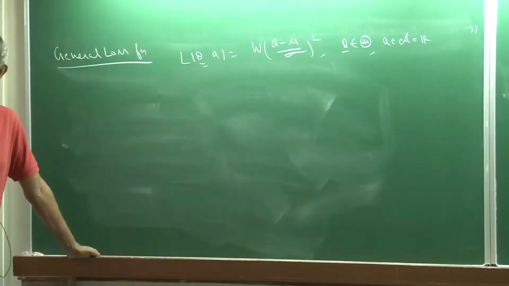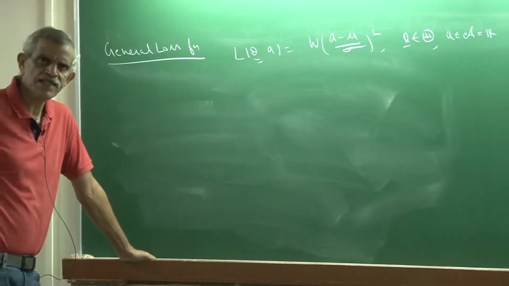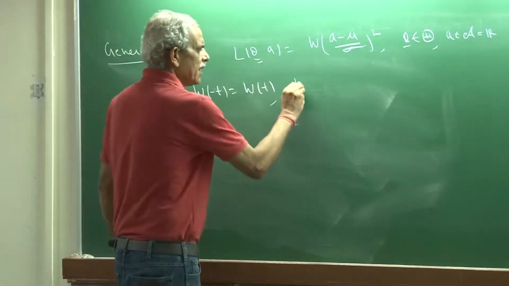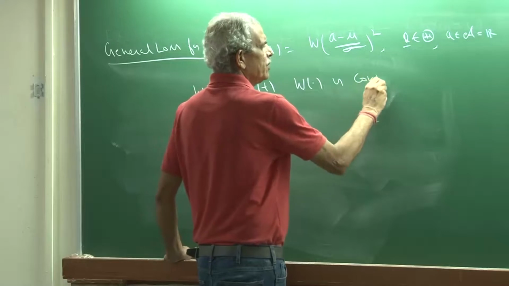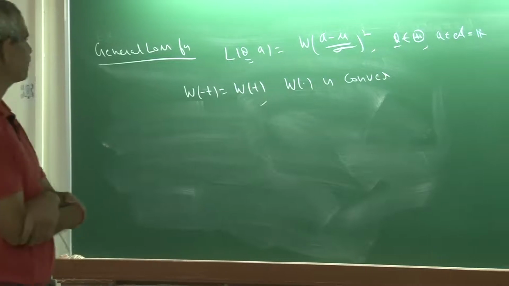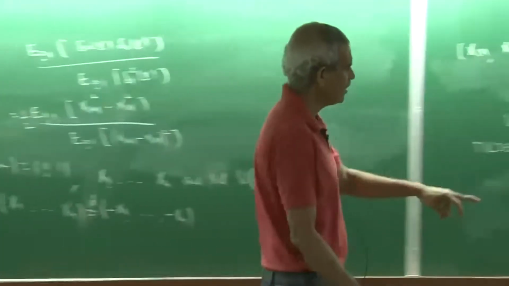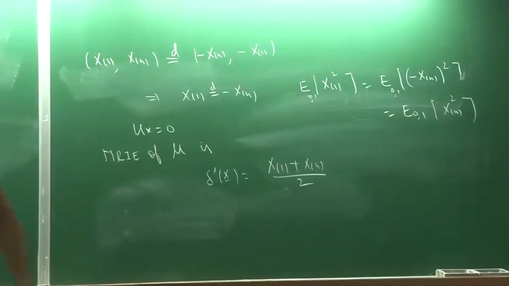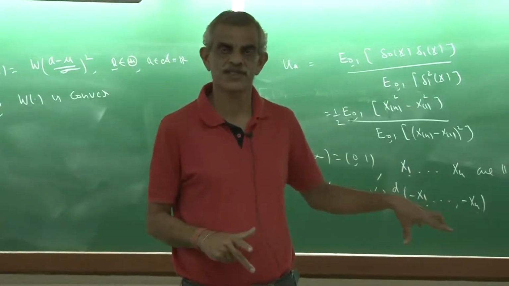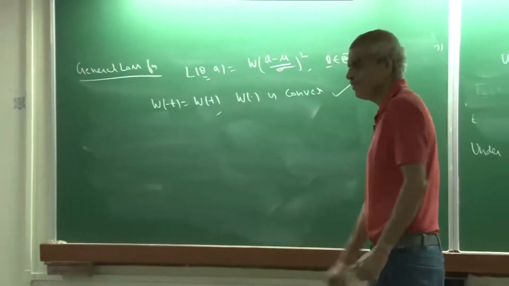I assume that W possesses the properties of the squared error loss function. So W(t) equal to t square has a property that it is even. So W of minus t should be same as W of t. Second thing is W is convex, because W(t) equal to t square is convex. So let us assume these two properties. Can I say that still this estimator is x1 plus xn by 2, which will tell that this estimator is quite robust in the sense that it is not only MRE for squared error loss function, but it is also MRE for a very general class of loss functions of the following type.